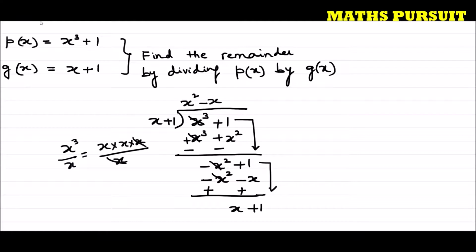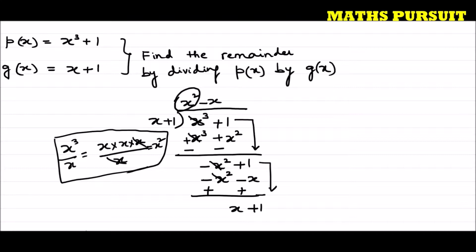So one x gets cancelled out and we are left with x to the power 2. This is how we are considering it. If you do not know how to multiply and find this, we can find it in this way. Hope you understood this one. This is also a very simple and easy division process. Let us follow this one.